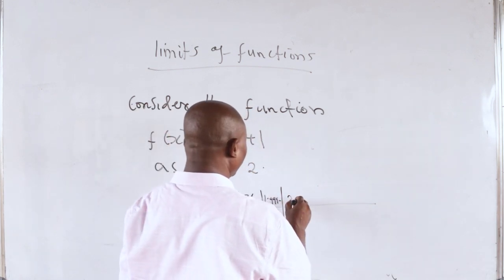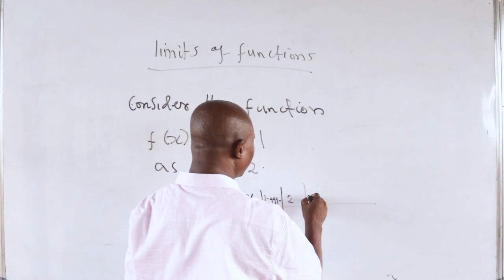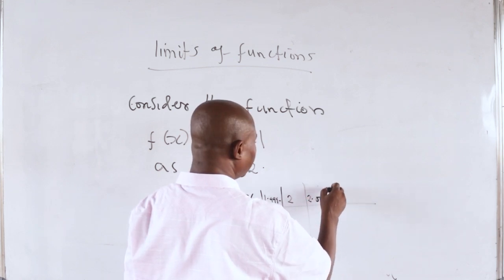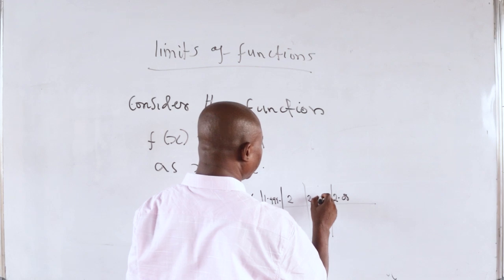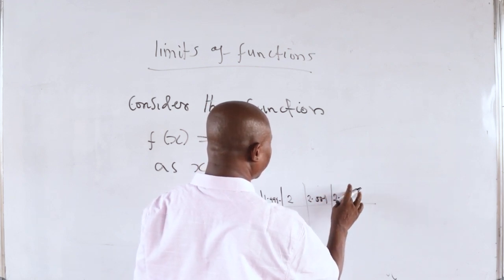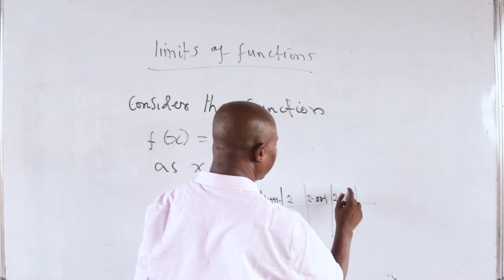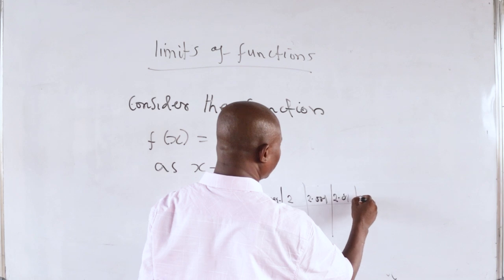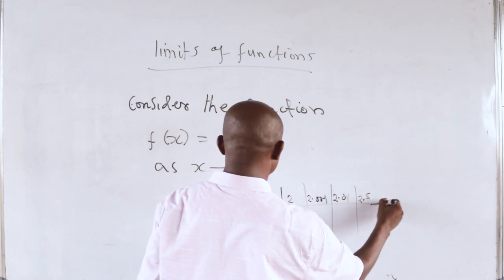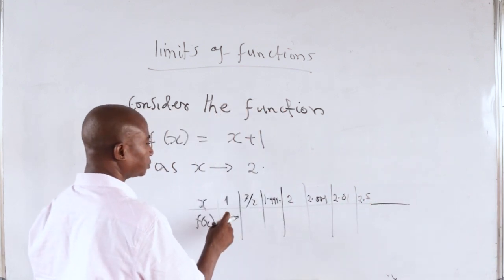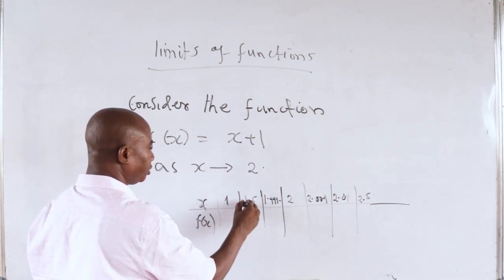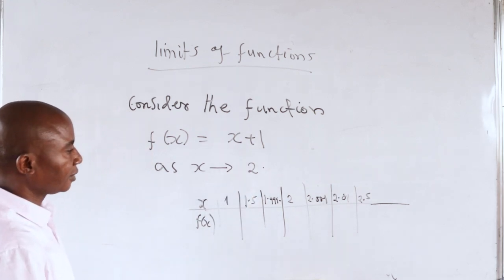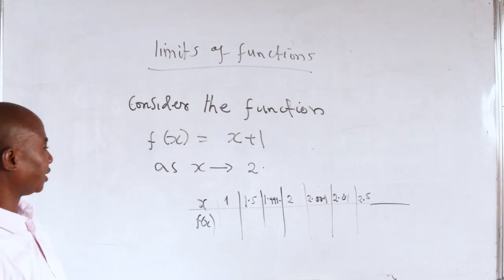Then I look at 2. I consider 2.01, 2.0001, say 2.5, and so on and so forth. Let me maintain decimals. So let's see what is happening.